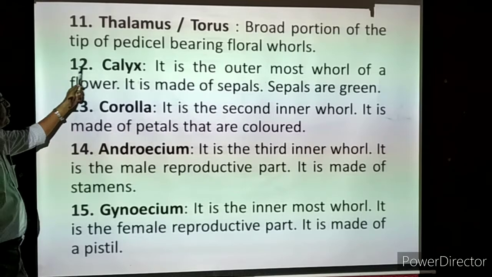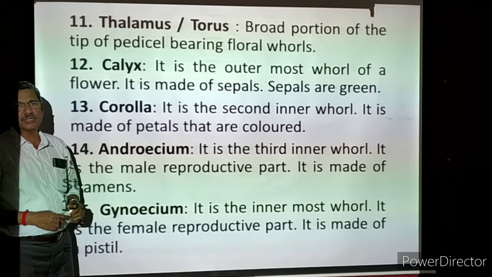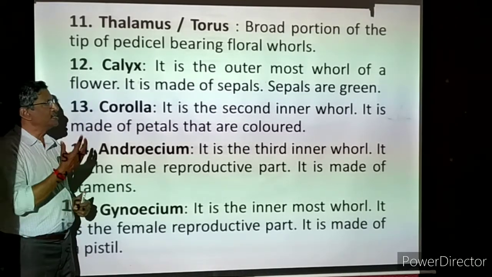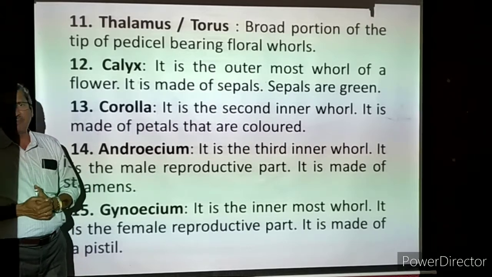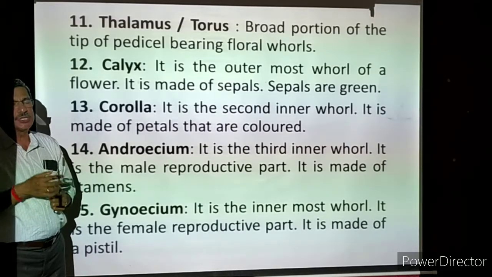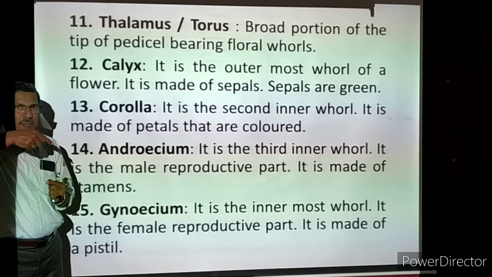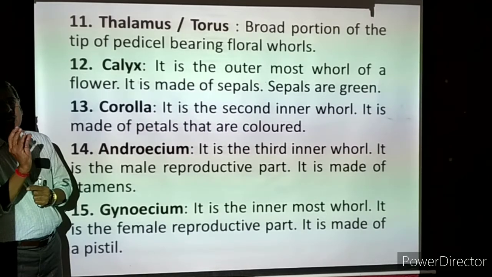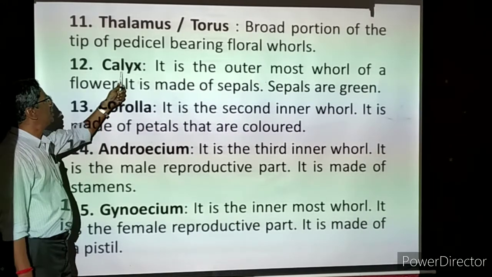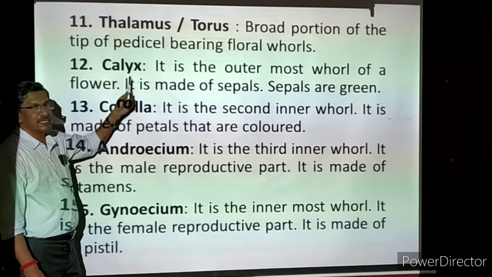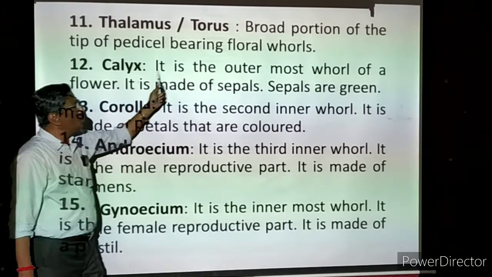The next one we are going to see is calyx. What is actually this calyx? For example, hibiscus is a standard and common flower. You are observing that a green stalk will be there, but at the bottom of the flower, a green small cup-like structure will be present. It is called a calyx. So it is the outermost whorl.